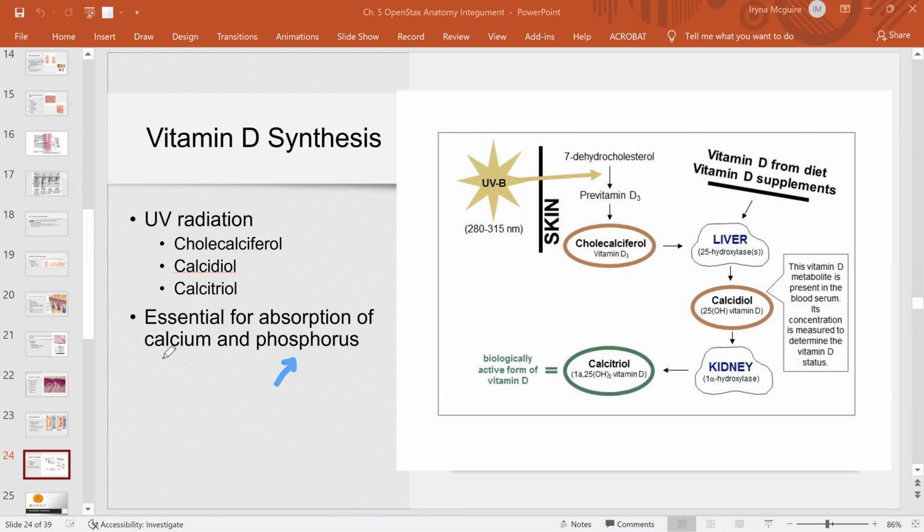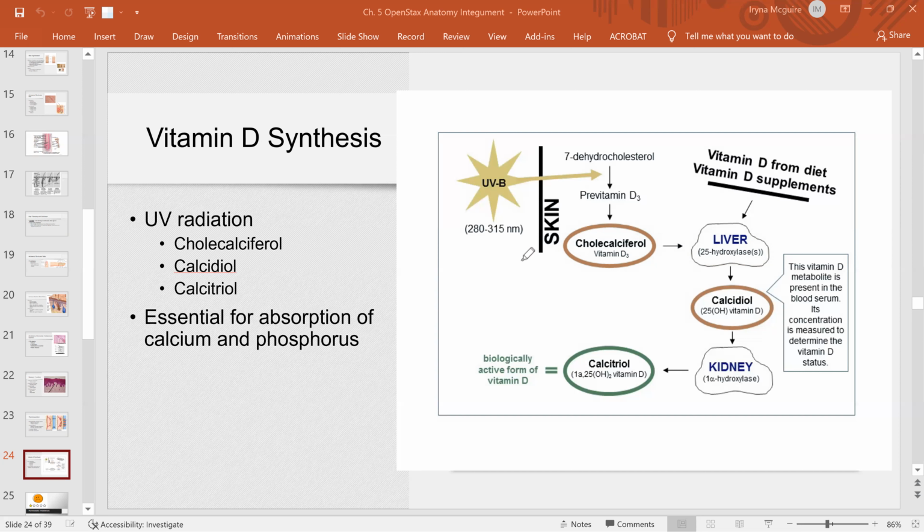You can eat lots of calcium, but if you do not have vitamin D, you cannot absorb this calcium into your blood. It will stay in your GI tract and pretty much will be removed with the food residues. But to move calcium from your GI tract to your blood, you need vitamin D.